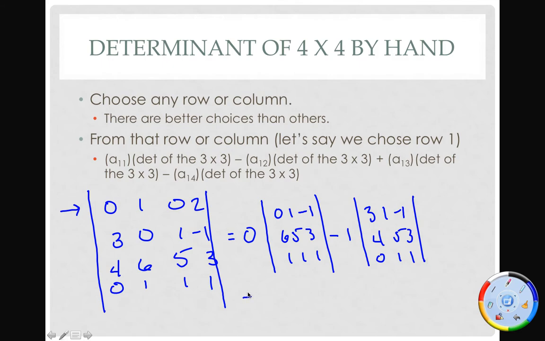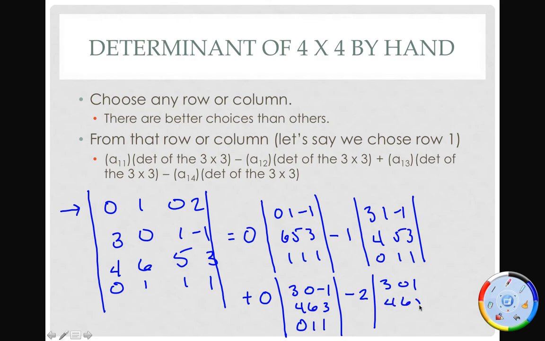Then I'm going to add 0 times this leftover 3 by 3: 3, 0, negative 1, 4, 6, 3, 0, 1, 1. And then I'm going to subtract 2 times the leftover 3 by 3's determinant: 3, 0, 1, 4, 6, 5, 0, 1, 1.